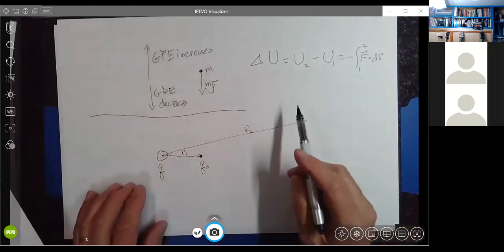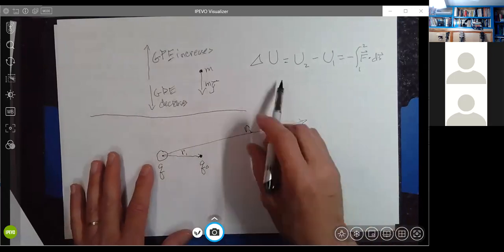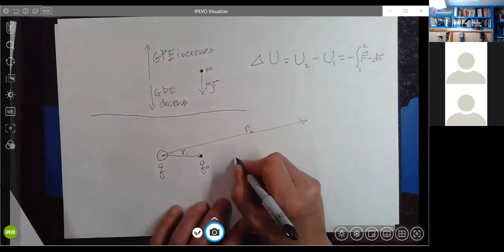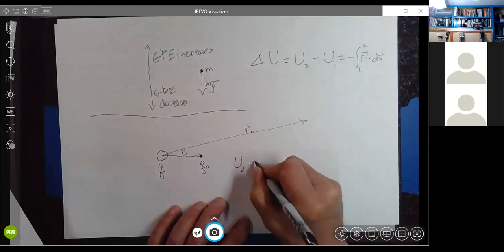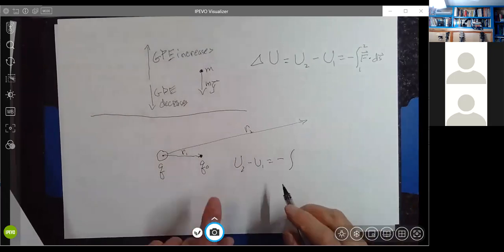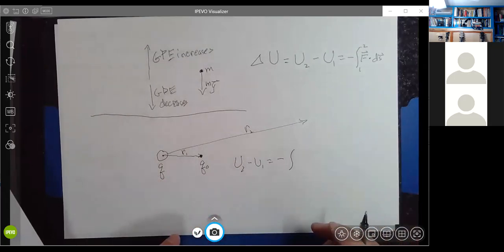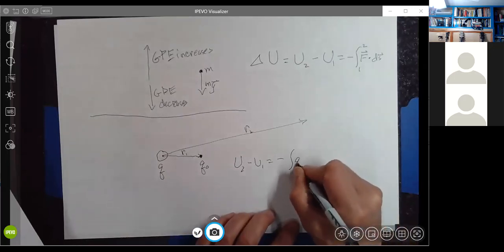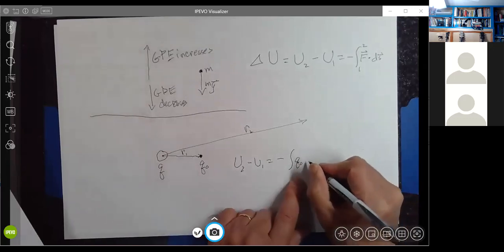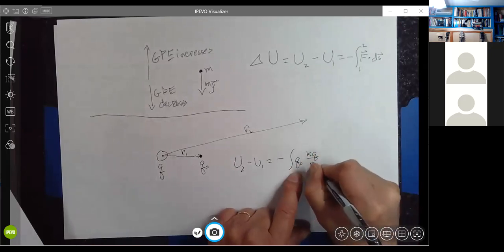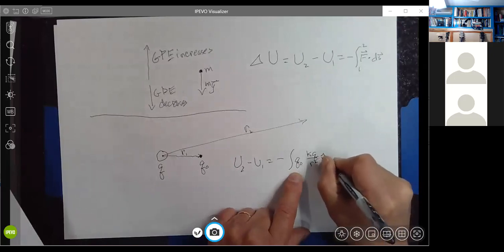What's the change in electric potential energy when it does that? Well, I can use this expression to figure it out. U2 minus U1 is going to be the negative integral of the force dotted with the displacement. What's the force going to be? I could write it as Coulomb's law, but I'll write it as Q naught times E, which is just kQ over R squared along R hat.